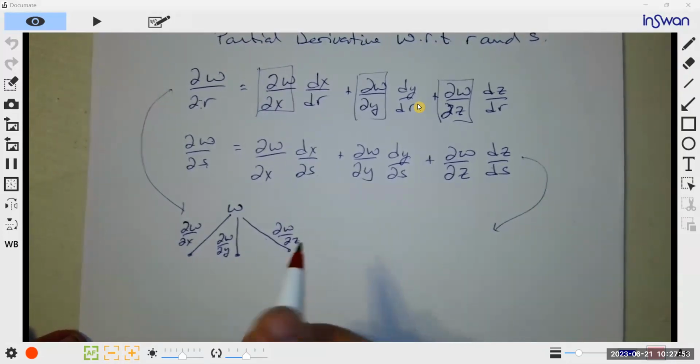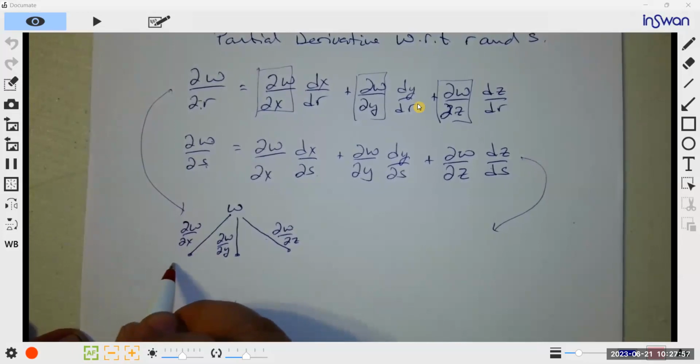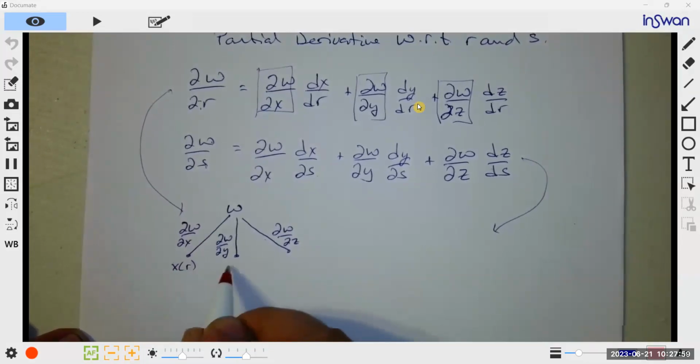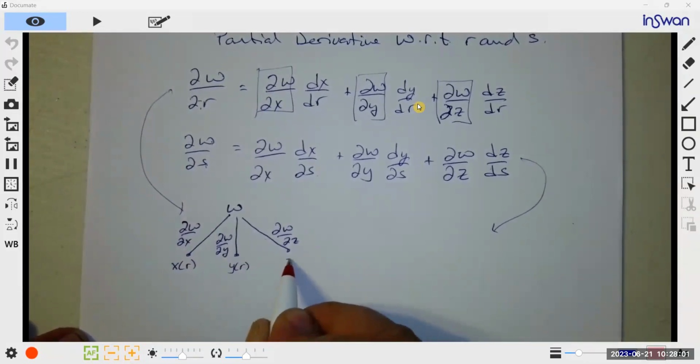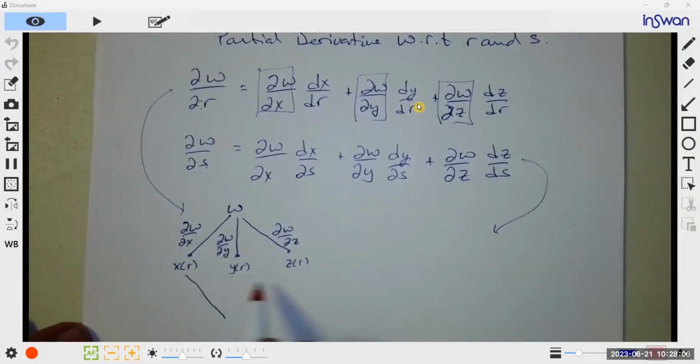What those end up as now is X with respect to R, Y with respect to R, and Z with respect to R. So now we take the second part.